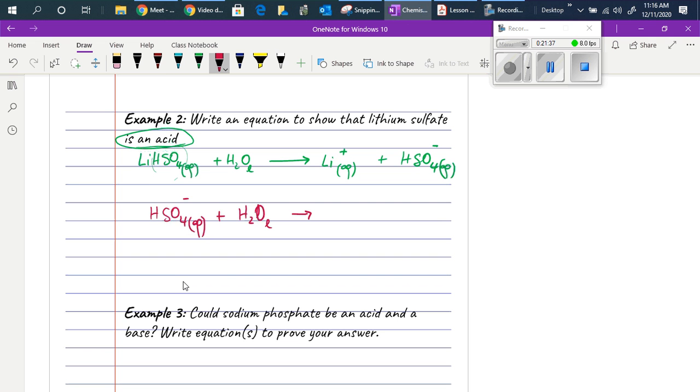The hydrogen will be stolen from a water molecule. So we'll have SO4 2 minus plus H3O plus in aqueous solution, of course. Since we have the presence of the hydronium, then this is an acid based on the modified Arrhenius.